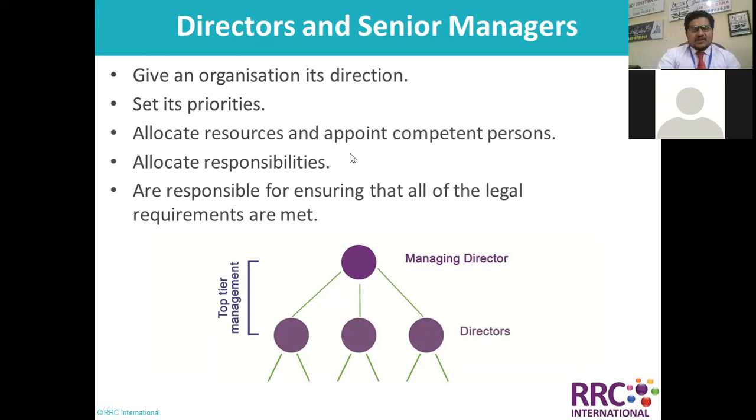So as directors and senior managers, you are responsible to allocate resources and appoint competent persons at the middle management level, and allocate responsibilities, but make sure you provide the required resources. You are also responsible for ensuring that all of the legal requirements are met. So under the managing director, you can have several directors. We call it top tier management.